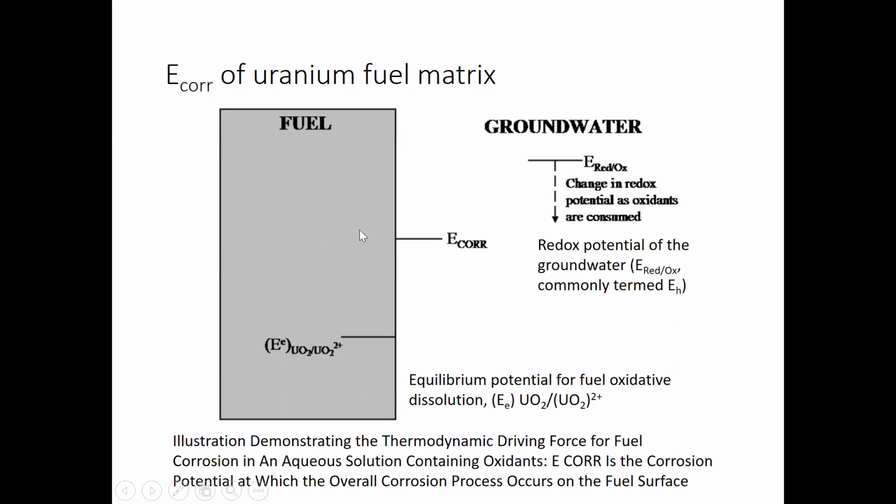And then on top of that, you have your radiolysis products, and they have a potential associated with them, and that's primarily going to be peroxide. So between these, as you would expect, is where you're going to have your E-core value that you'd actually be measuring. It's going to be the reduction of these radiolysis products, again primarily peroxide, and the oxidation of uranium.